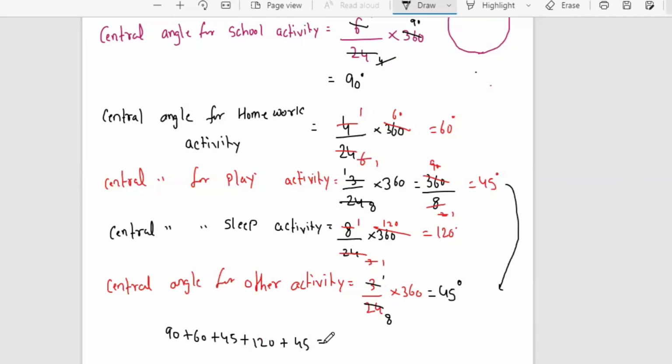Add all these angles and you should get the total angle. How much? 360, obviously, as a circle has a total angle of 360. So 90 plus 60 is 150, plus 45 is 195, plus 120 is 315, plus 45 will get 360 exactly. So all the values for the activities are correct. We are getting the total angle as 360.